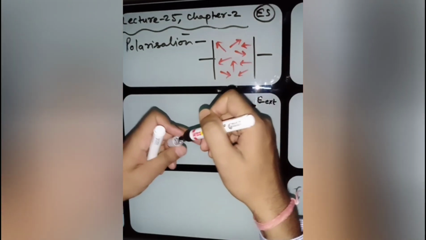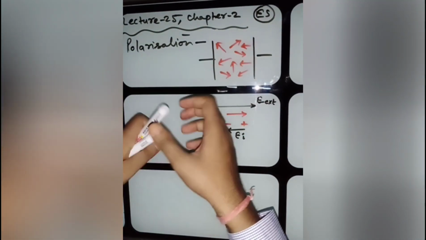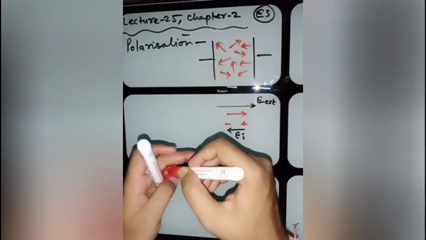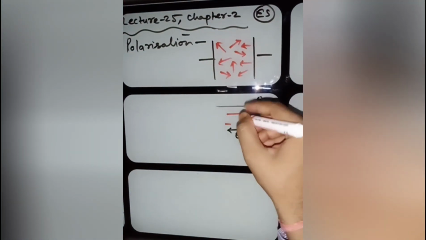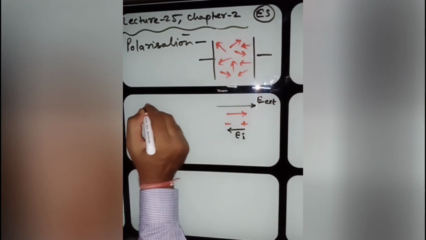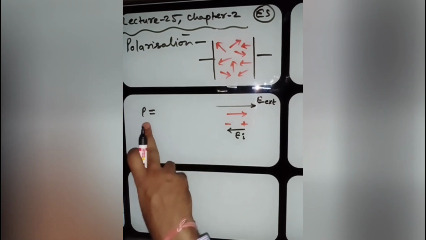Now we will write it mathematically. Mathematically, it is defined as the dipole moment per unit volume. It is represented by P, which is a vector quantity. We are using P for the polarization.